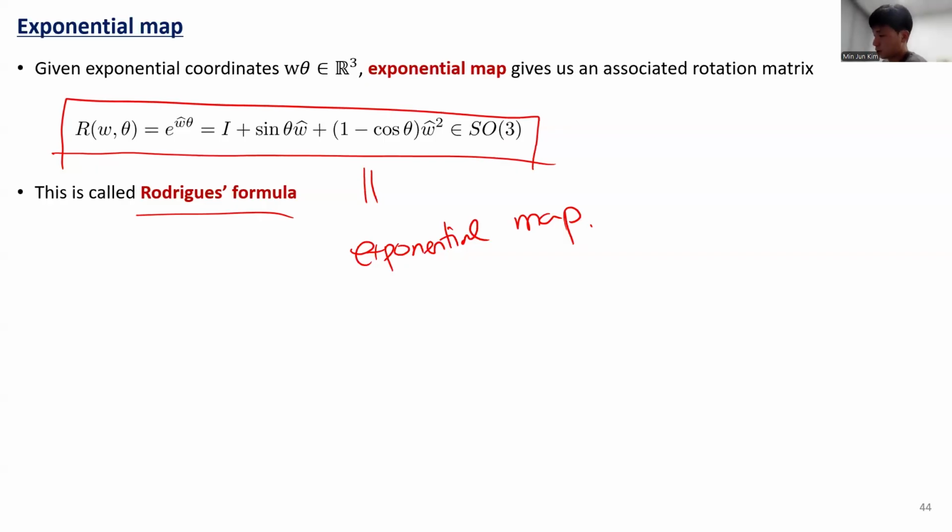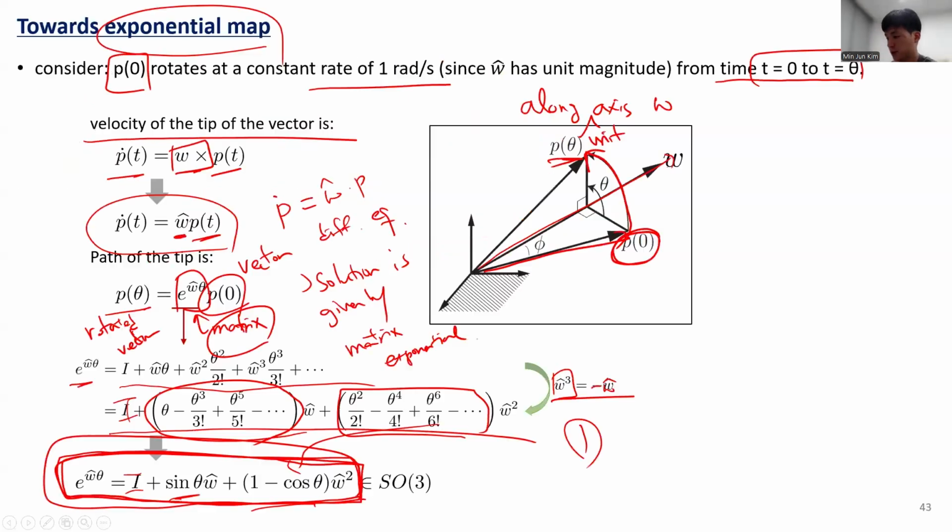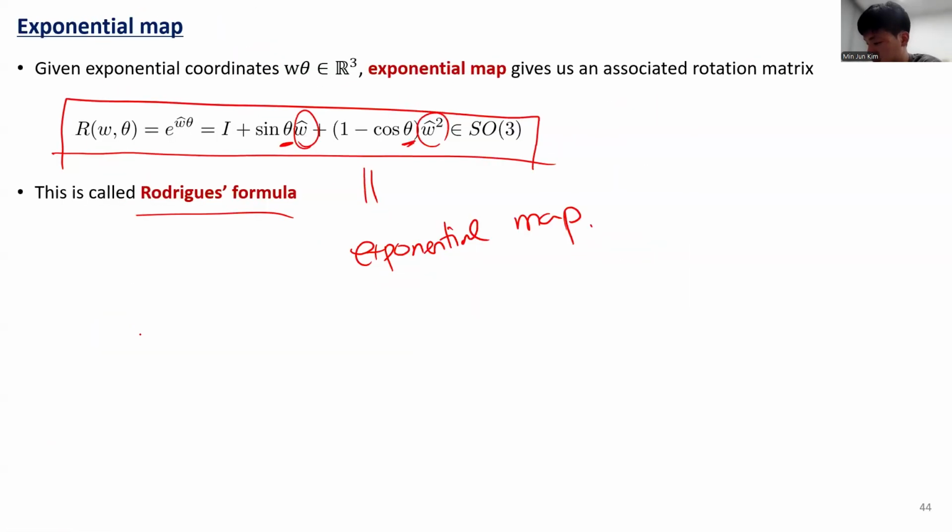So in this exponential map or Rodrigues formula, what you can see is there's omega, or w, and theta, right? And here, if you remember, theta is the angle of rotation, and that's of course in R1, a scalar value, and omega is the axis of rotation.